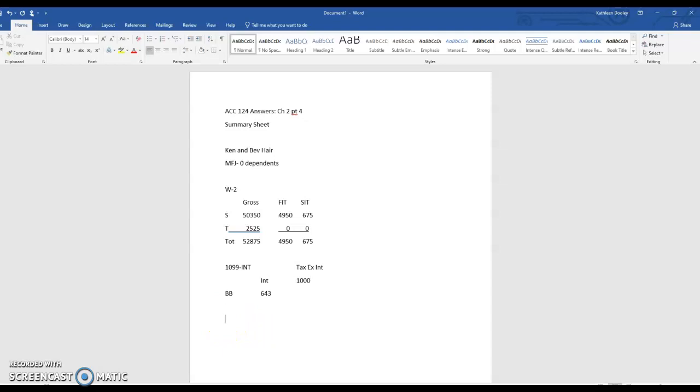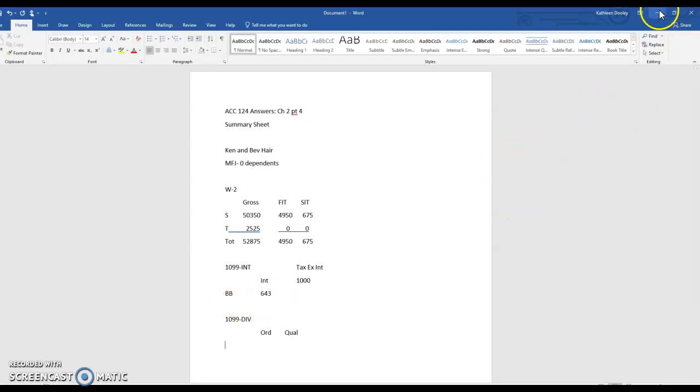Our next thing down on the 1040 is dividends. So my 1099-DIV is going to be next. We need to know the ordinary dividends and the qualified dividends, and anything else would also be listed.